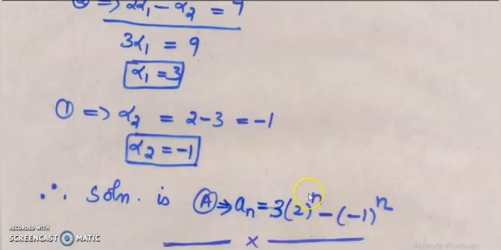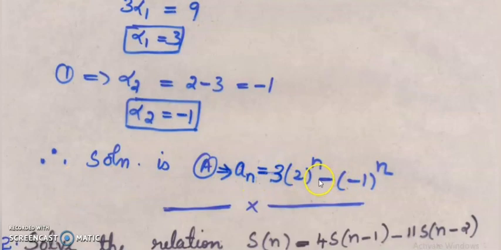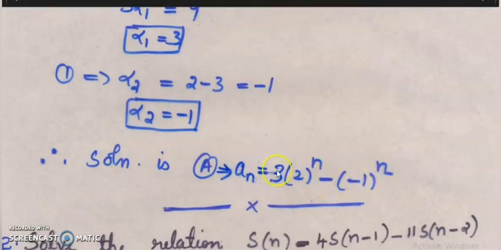So 3 times 2 raised to n, minus 1 power n. Therefore the solution is a_n is equal to 3 times 2 raised to n minus minus 1 power n. So this gives the solution of the given recurrence relation.